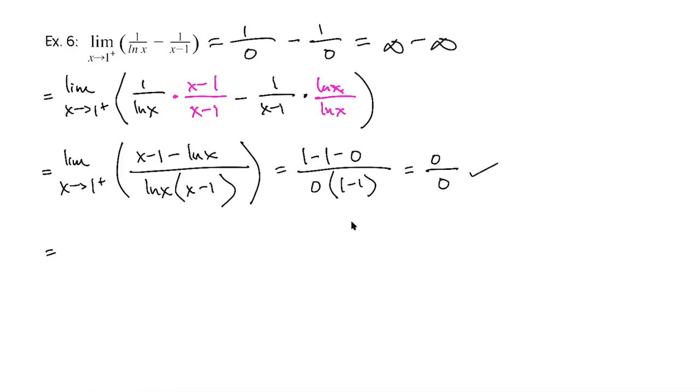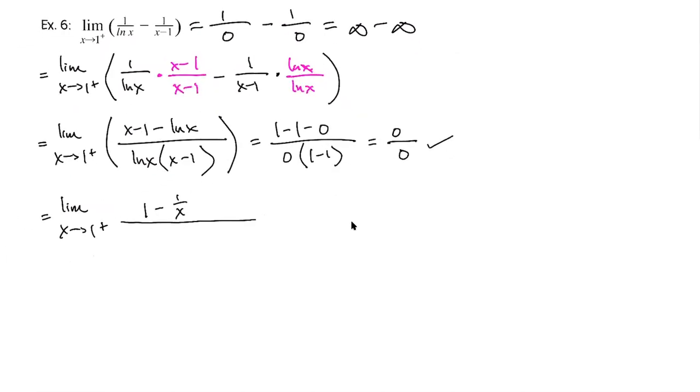So that means that I'm going to have to go ahead and find my derivatives. So the numerator looks pretty straightforward, but that denominator, we're going to need product rule, all right? So the numerator, I get 1 minus 1 over x. And in the denominator, let's do that work off to the side. u equals natural log x, du, v is x minus 1, and dv is 1.